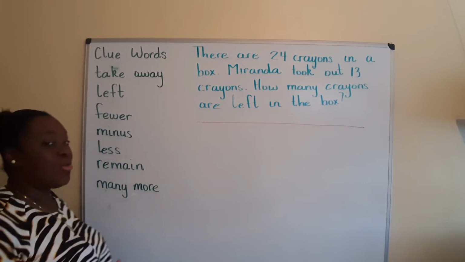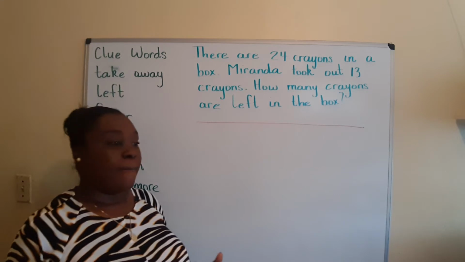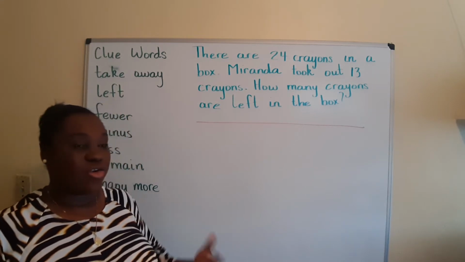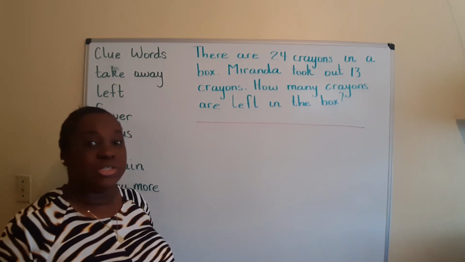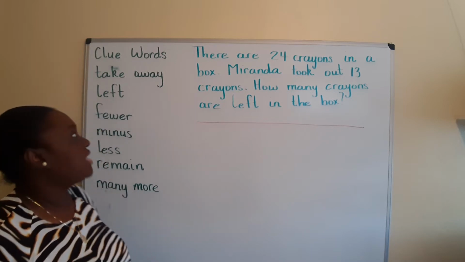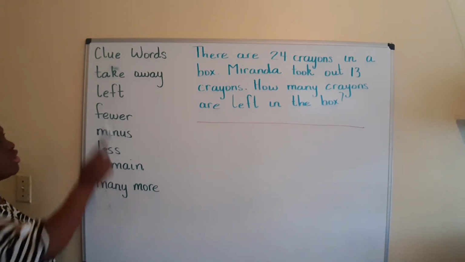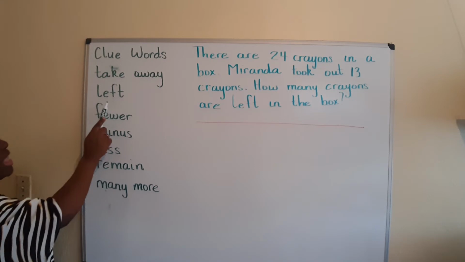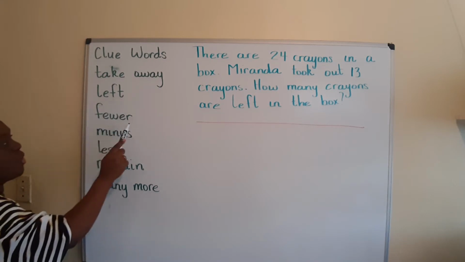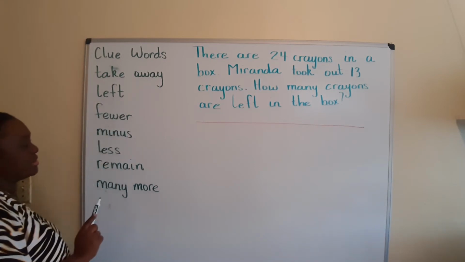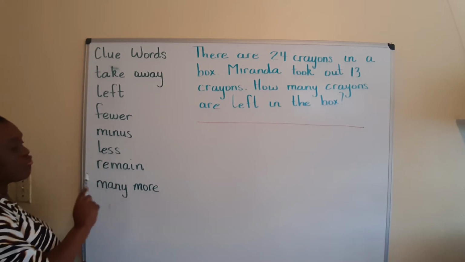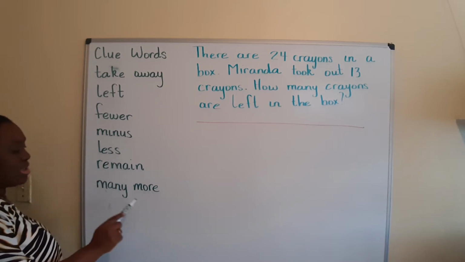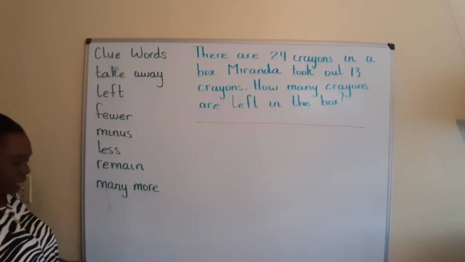But if I ask how many more boys than girls are in the class, you should subtract. So let's just go over some of our clue words. We have take away, left, fewer, minus, less, remain, how many more.